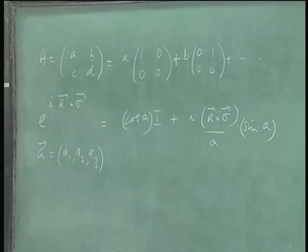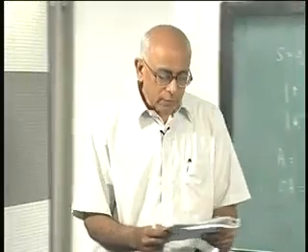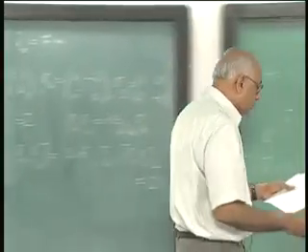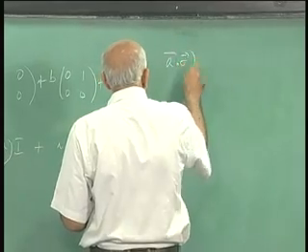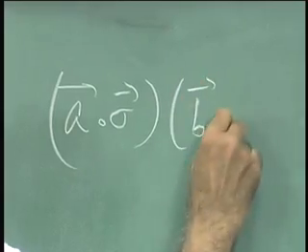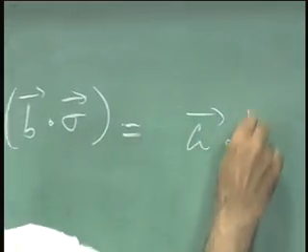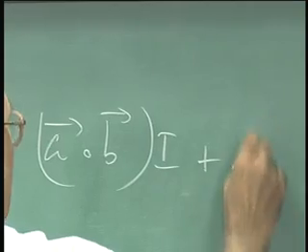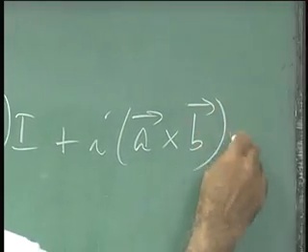Now what I have given here in this problem set is a whole lot of vector identities using sigma matrices. Among them, let me write down a couple of them because they are useful for what we are going to do later. You have a dot sigma times b dot sigma, and this turns out to be a dot b times the unit matrix plus I times a cross b dot sigma.